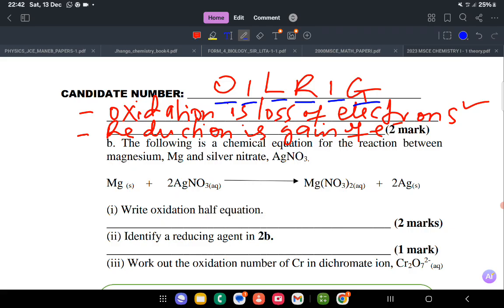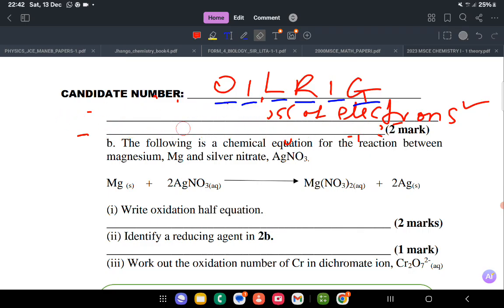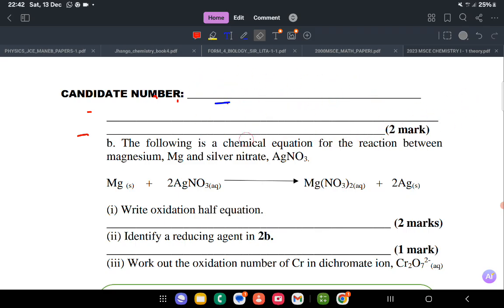When a substance loses electrons, it means that substance is undergoing an oxidation process. So recall the use of OIL RIG.